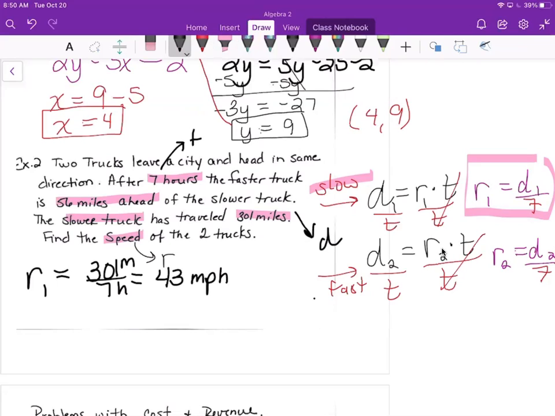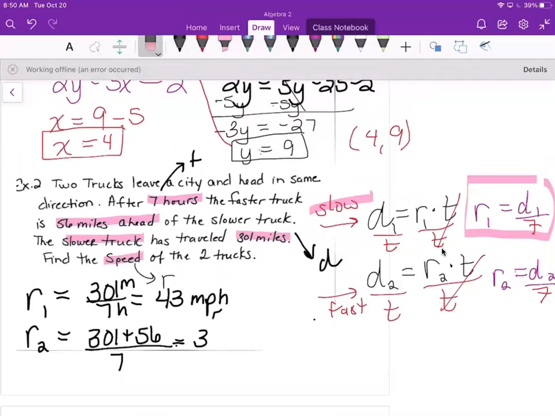For our second truck, the faster truck, it says that it is 56 miles ahead, so it's 301 miles plus 56 miles. You just add them together, divided by the 7 hours.